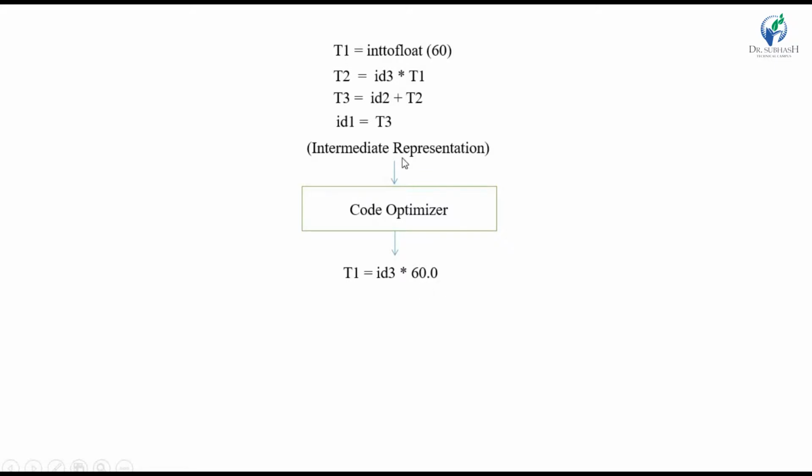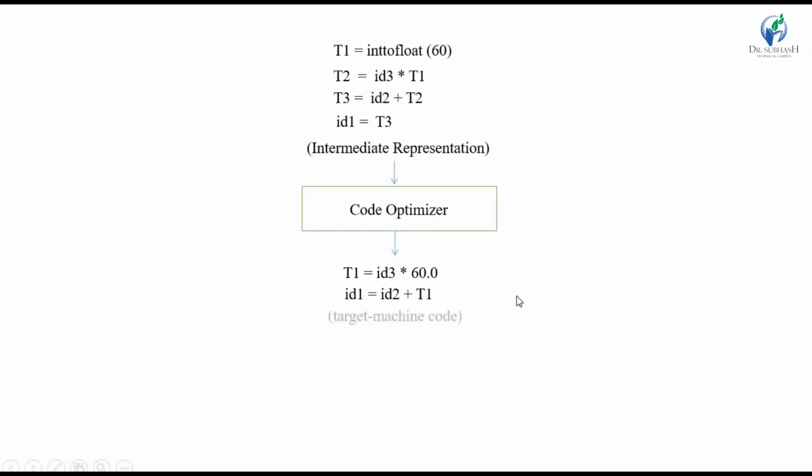Then t1 is added with id2. So the final result is stored in id1. So the next step is id1 equal to id2 plus t1. So here the 4 lines of code are optimized into these 2 lines, and there is no meaning change from this expression to this expression.